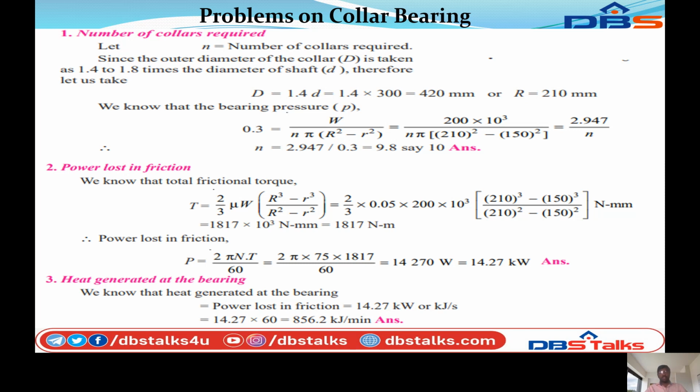In kilowatts or kilojoule per second, this will be converted to kilojoule per minute, so that's why we multiply by 60. So 1 minute equals 60 seconds. Power loss in friction equals 14.27 into 60. That equals 856.2 kilojoule per minute.